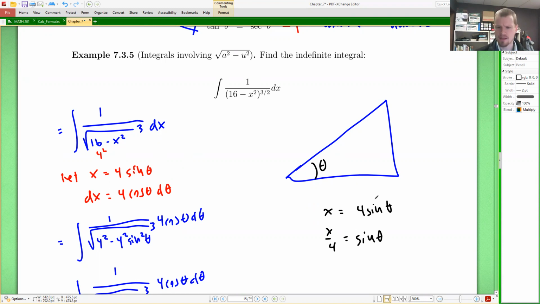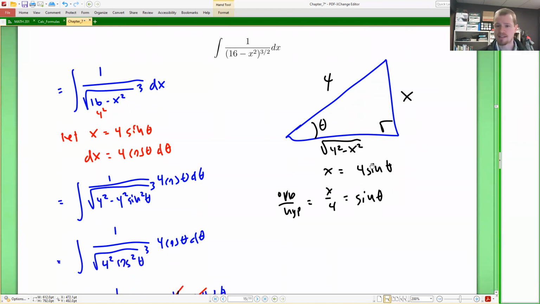So if this is our angle, and we know that sine is opposite over hypotenuse, then the opposite side must be x, and the hypotenuse must be 4. Using our knowledge of how to find side lengths of a right triangle, that would mean that this side is the square root of 4 squared minus x squared.